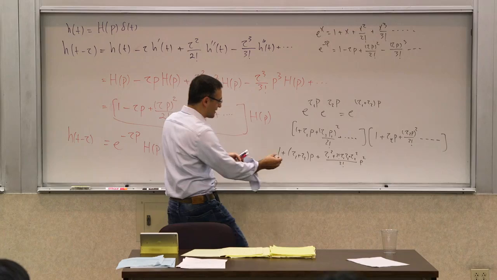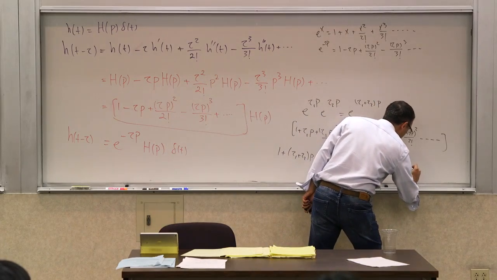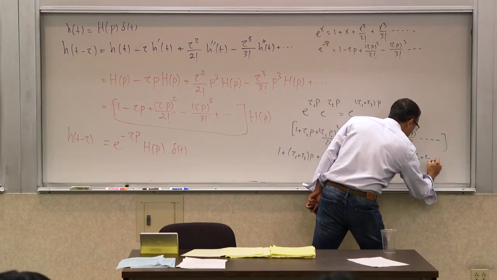So you can see that this becomes essentially e to the tau 1 plus tau 2 p.